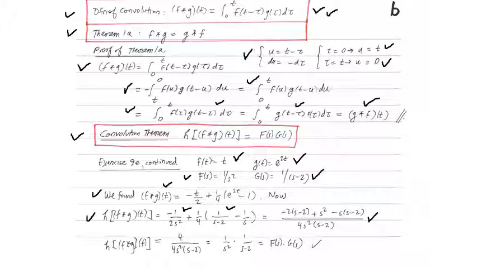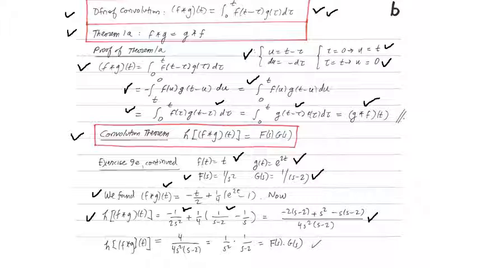It's going to have to contain two factors of s, so s squared, and it's going to have to contain a factor of s minus 2. So your common denominator is 4s squared times s minus 2. And then you have three terms which you're combining in the numerator and fixing everything up.